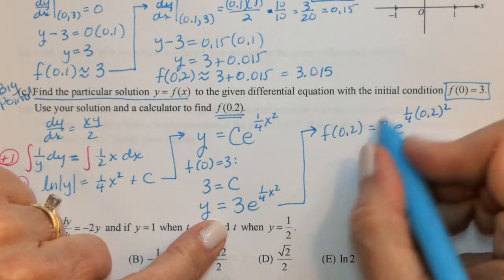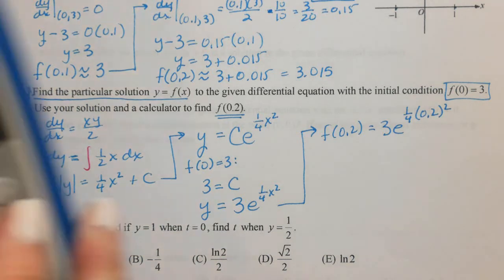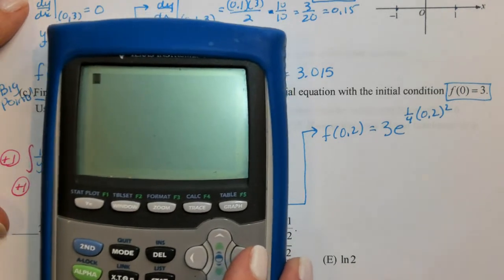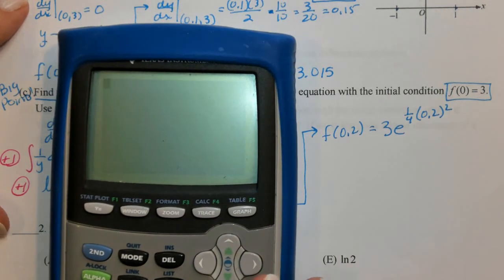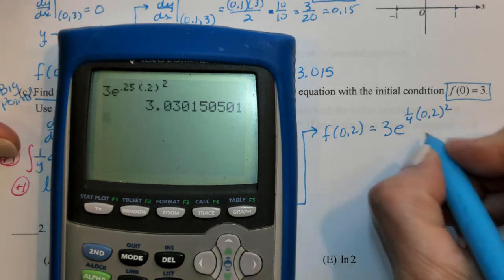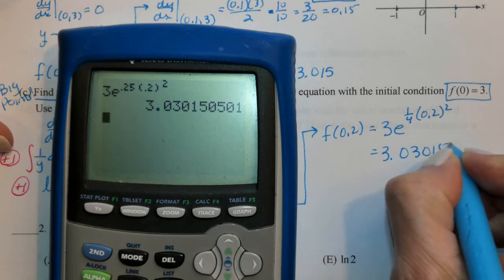Well, that would be a safe stop spot right there. Why do you think they wanted us to get the value here? Let's find the value first while you think about that question. 3e to the 1/4 times 0.2 squared is 3.03015.